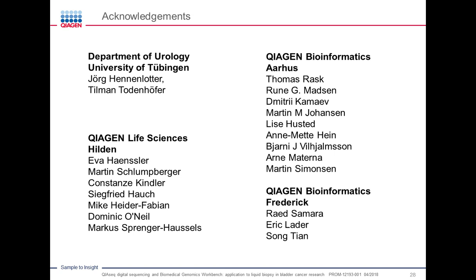What kind of parameters do I need to configure in order to analyze panel data? So the easy answer would be nothing, because that's exactly what the QIAseq targeted plugin has been designed for, to make it really easy for the user to process data from targeted panel sequencing into the Biomedical Genomics Workbench.